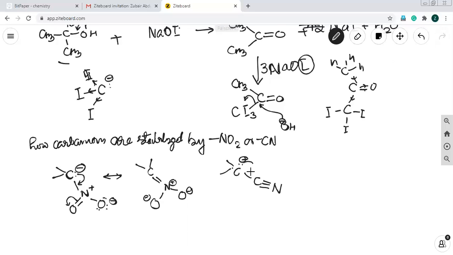Now see, it can resonate, and the negative charge here can be delocalized onto the nitrogen. Double bond C, double bond N, 2 lone pairs here. It can be delocalized. Okay, so this is how. Very similarly, this will stabilize this anion.